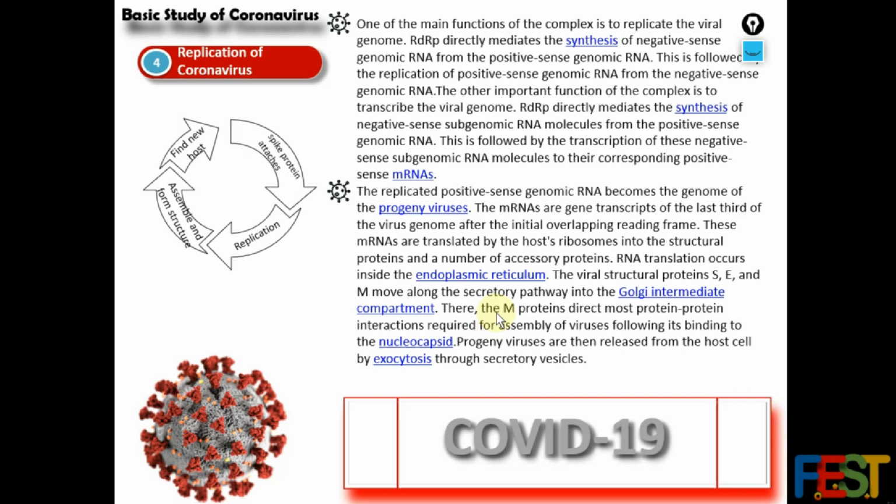Here, the M protein directs most protein interactions required for assembly of viruses following its binding to the nucleocapsid. Progeny viruses are then released from the host cell by exocytosis through secretory vesicles.